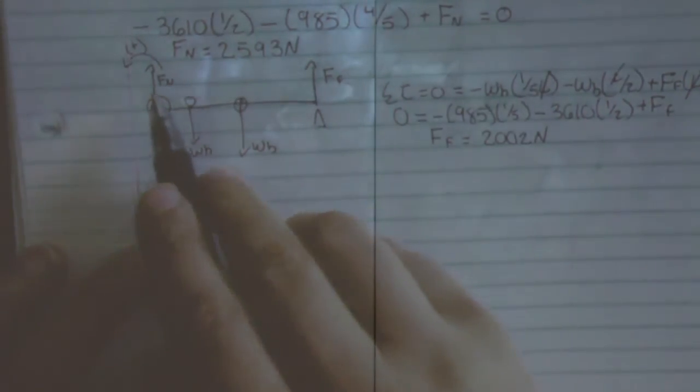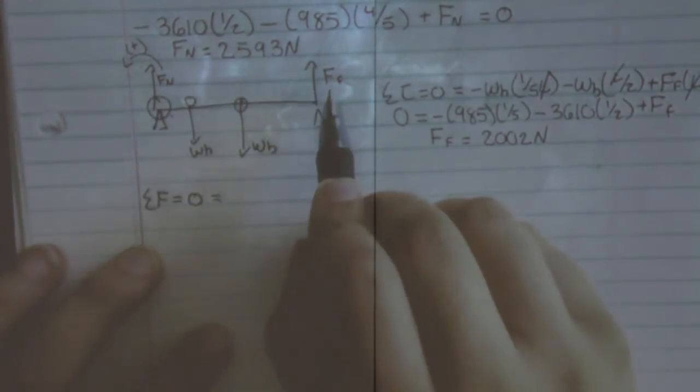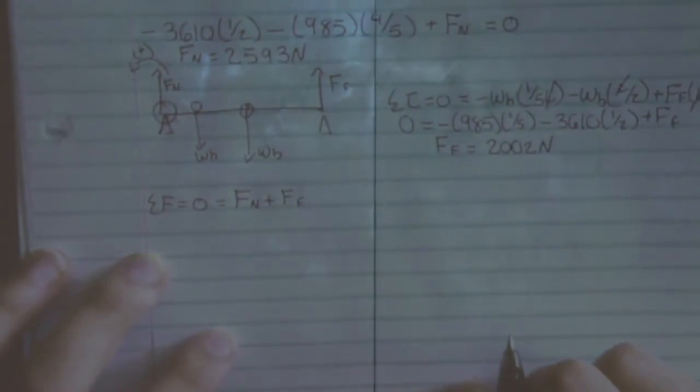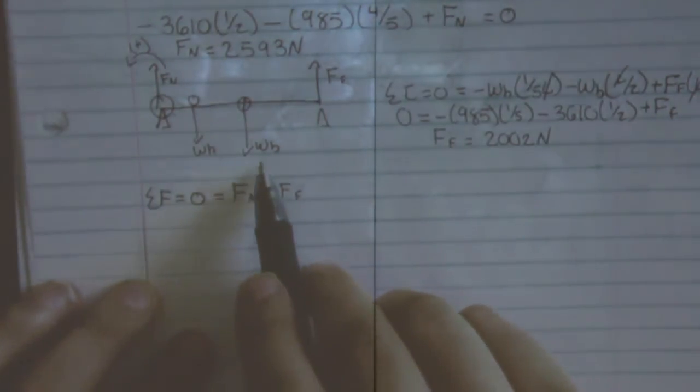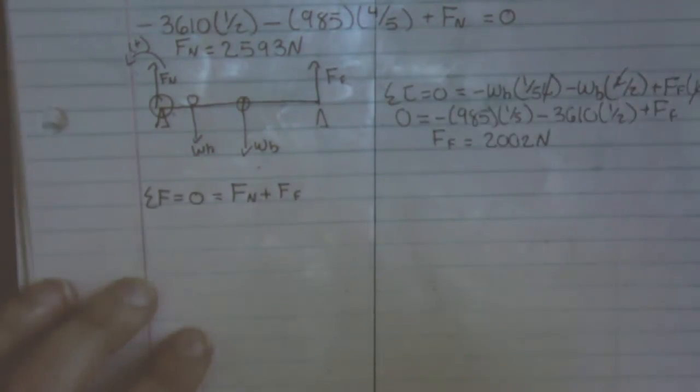So if we summed our forces, they would sum to 0. The forces we have acting are our two positive forces, Fn and Ff, plus Fn plus Ff. Negative forces are the weight of the bridge and the weight of the hiker, because those point downward.